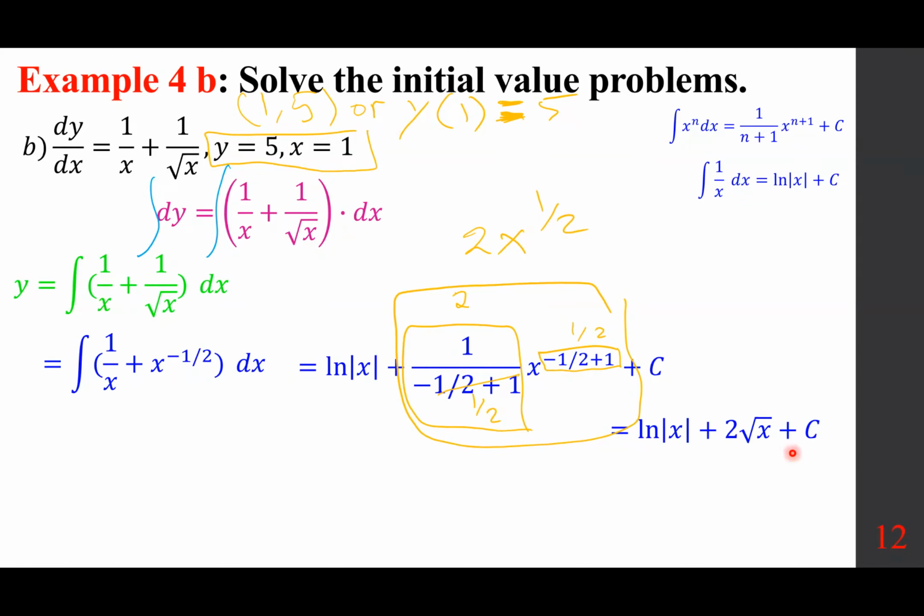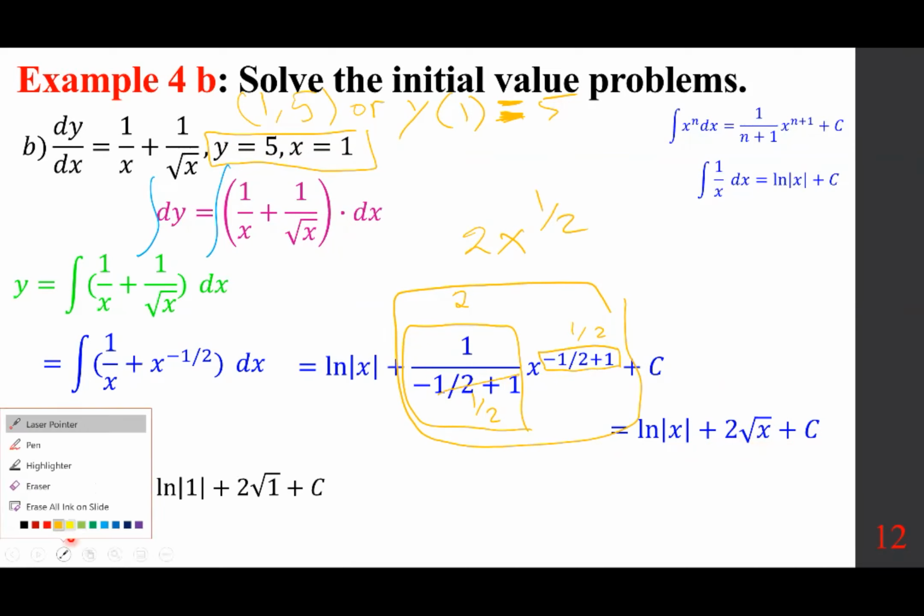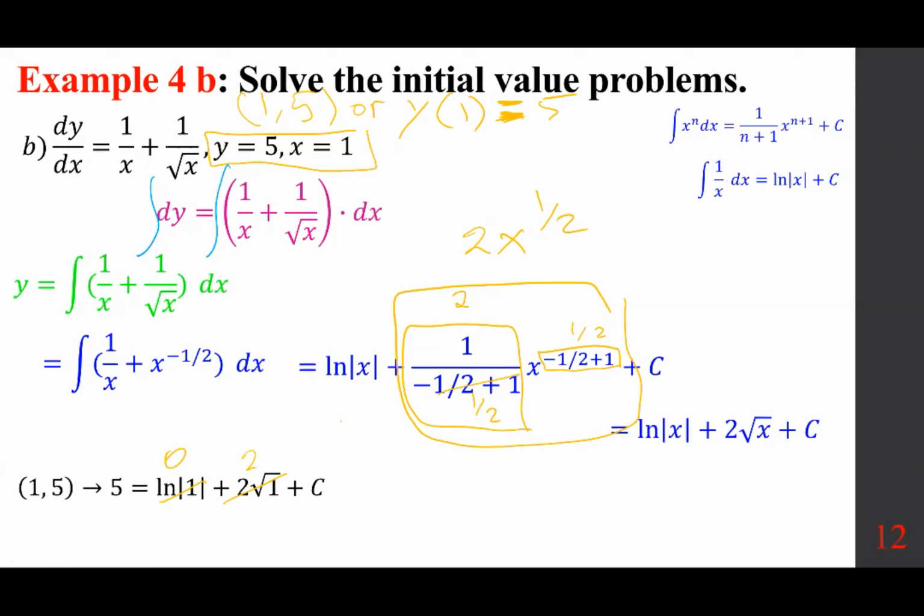That would be what we have been doing all along. But now that we are going to use this, it will give us the constant. So let's plug in 1 for x: ln 1 plus 2 square root of 1 plus c, and 5 instead of y. ln 1 is 0, square root of 1 is 1, 2 plus c is 5, and c becomes 3.